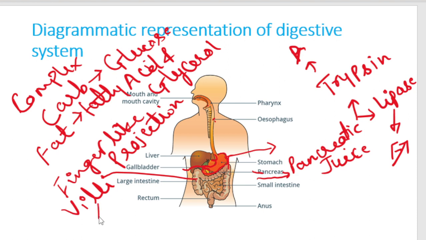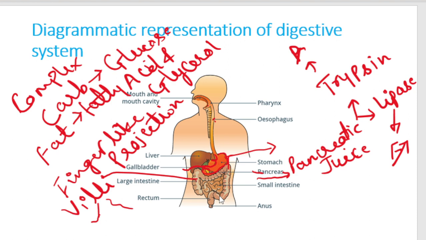They have blood vessels. These blood vessels take away the nutrition and send it to the different body parts where it is needed for providing energy. This is the process of digestion inside the small intestine.